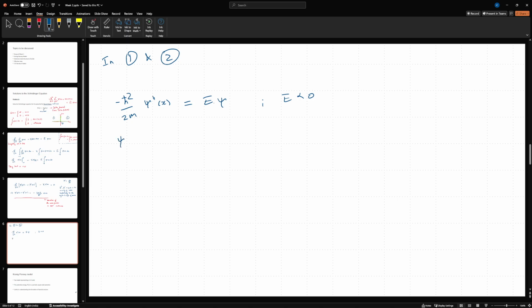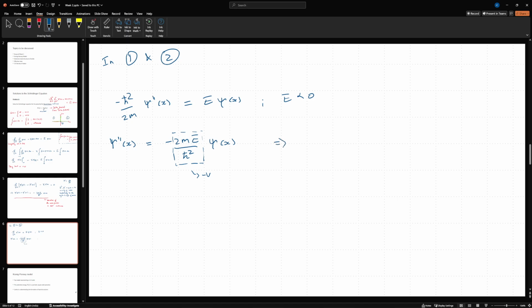So psi double prime of x is equal to minus 2mE upon h bar squared psi of x. Now this quantity entirely is negative.